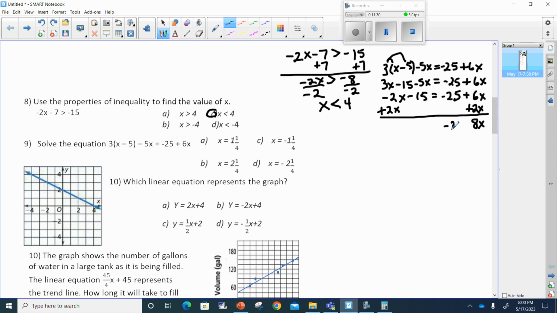You still have a negative 25 over here, and you have a negative 15 here. Now I'm going to go ahead and get my numbers on one side away from x. With just an equal sign, I can add 25 to this side to get the numbers on the opposite side. So I'll add 25 here.